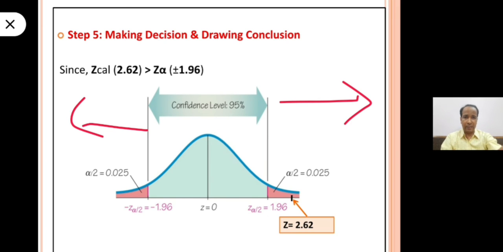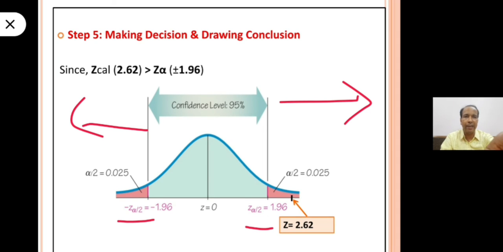We have the negative critical value, minus Z alpha by 2, that is minus 1.96, and the positive value, Z alpha by 2, that is plus 1.96. So both left and right sides have rejection regions. If the calculated value of Z is beyond minus 1.96 or beyond plus 1.96, then the null hypothesis will be rejected.